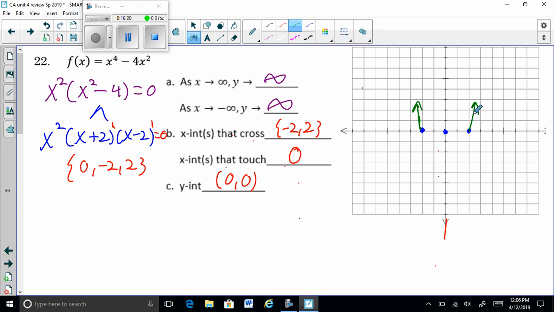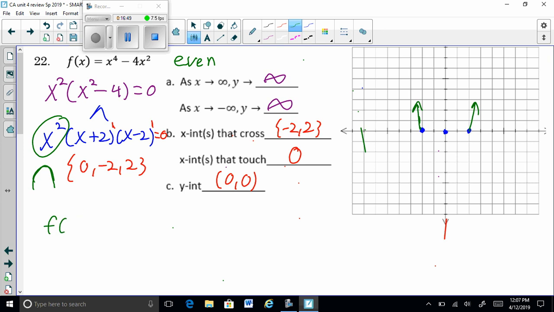Now when I hit 0, it's a parabola shape. So I want to make sure it curves when it comes up and hits there. Also, just a little note, if you notice it, great. This is an even function, which means whatever I get for -1, it will be the same for +1. Because whether you plug in a -1 or +1, when you square it, it's going to give you the same results, okay?